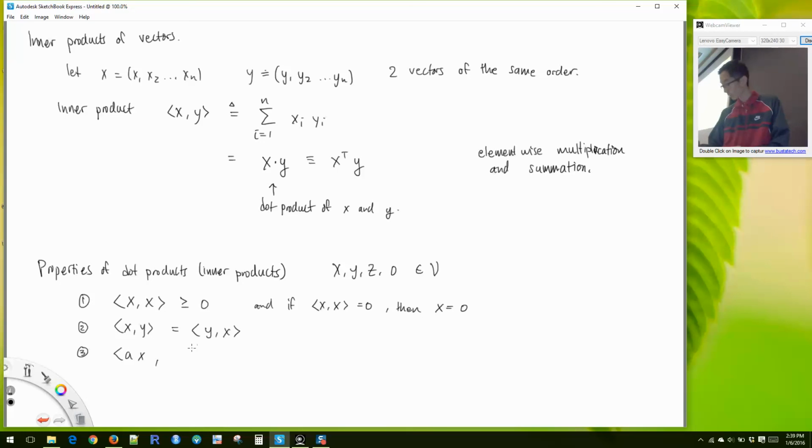The inner product of ax and y is the same as a times the inner product of x and y, for all a coming from the real number set.